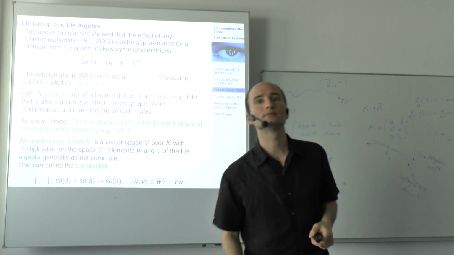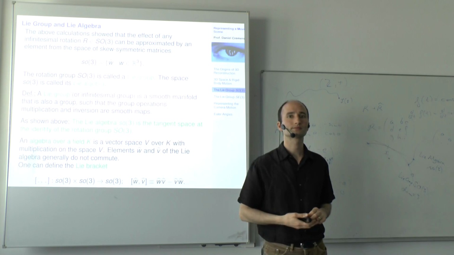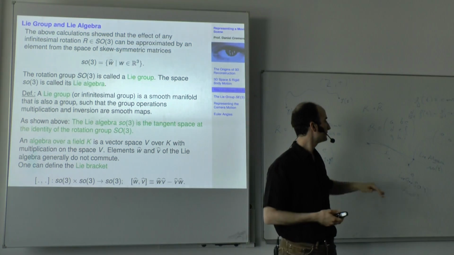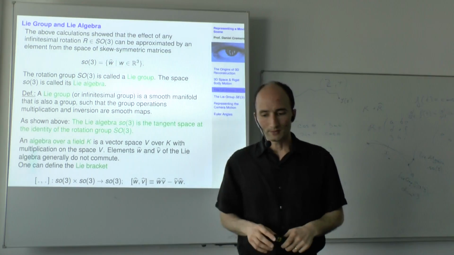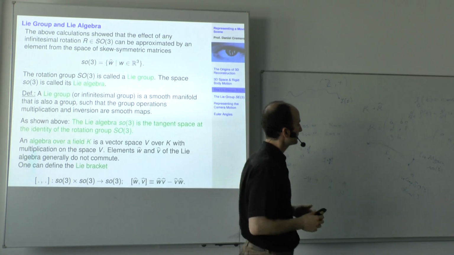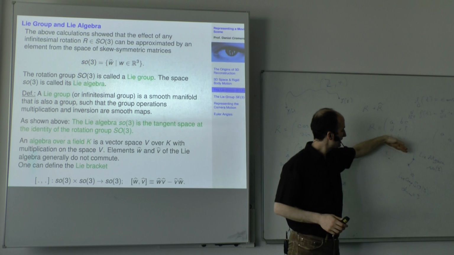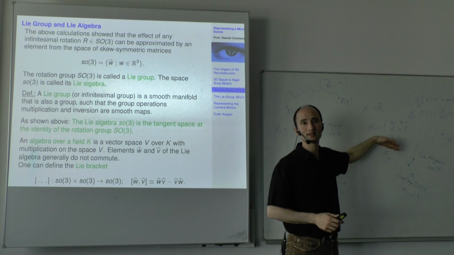How accurate is this approximation? With the Lie algebra? It's maybe approximation is the wrong term. Basically, the Lie algebra is the tangent space to the identity.